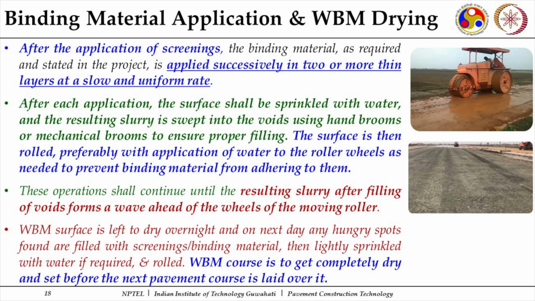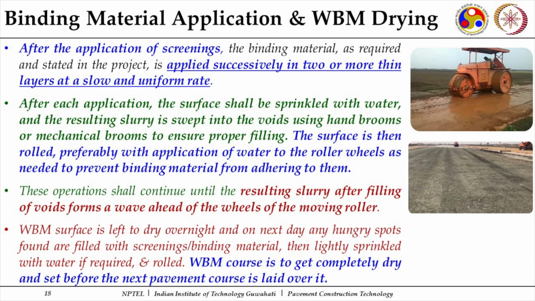These operations shall continue until the resulting slurry, after filling of voids, forms a wave ahead of the wheels. Now, when all these voids get filled, whatever fine binding material is there in the form of slurry because of water, if there is no space for this slurry to go inside the voids, then it will start moving during the compaction in front of your roller drum.